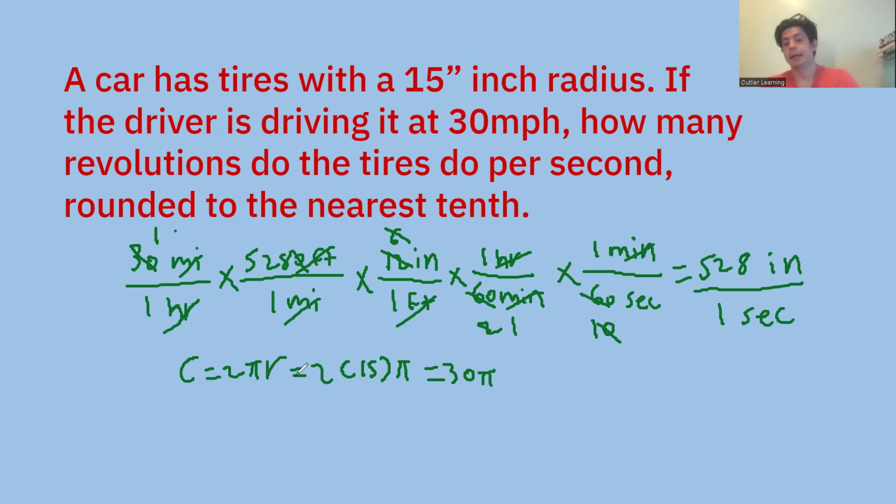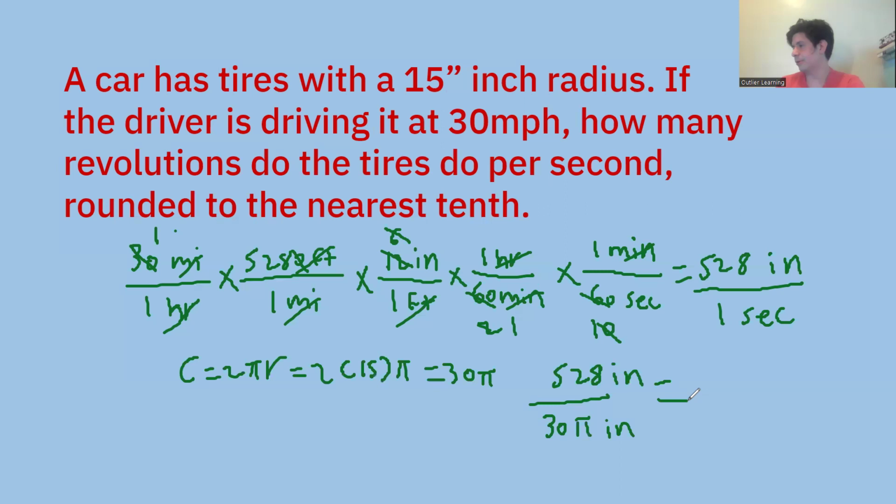And now we can do 528 divided by 30 pi. And this you can plug into a calculator. All right. Or 528 inches. I might have said feet again for some reason. Inches. So the inches will cancel and you'll just be left with revolutions.